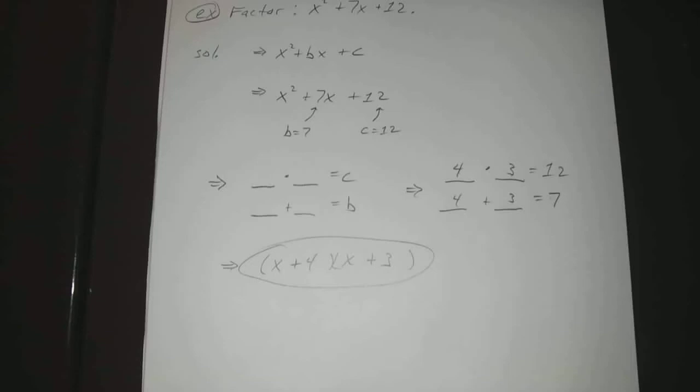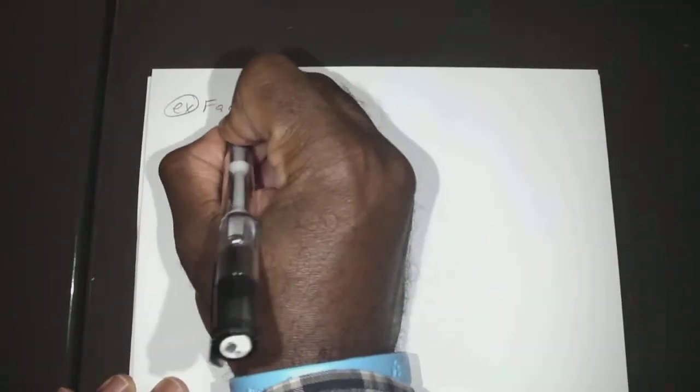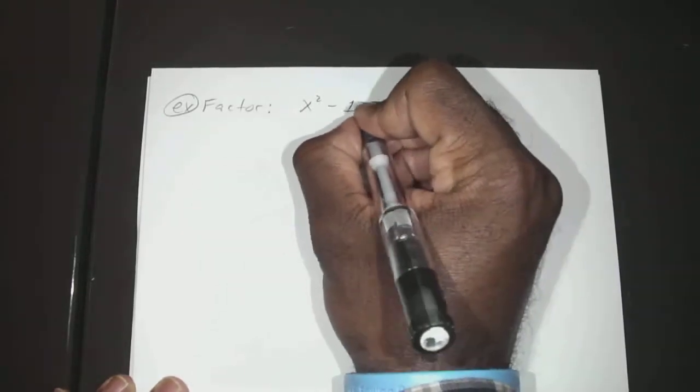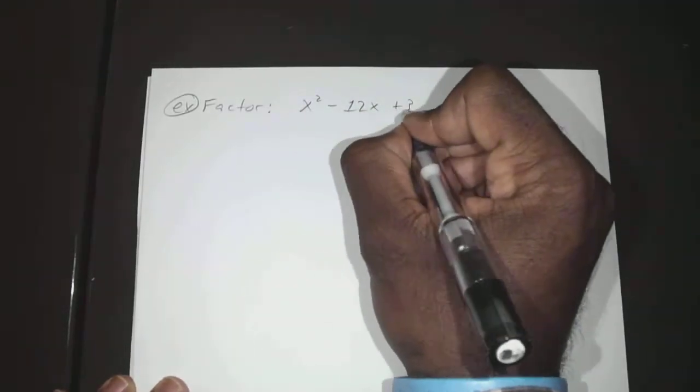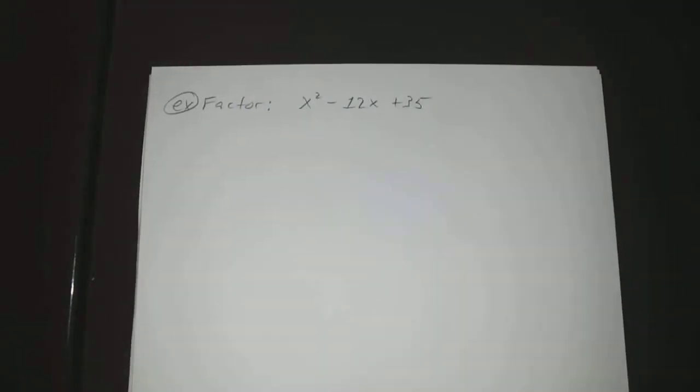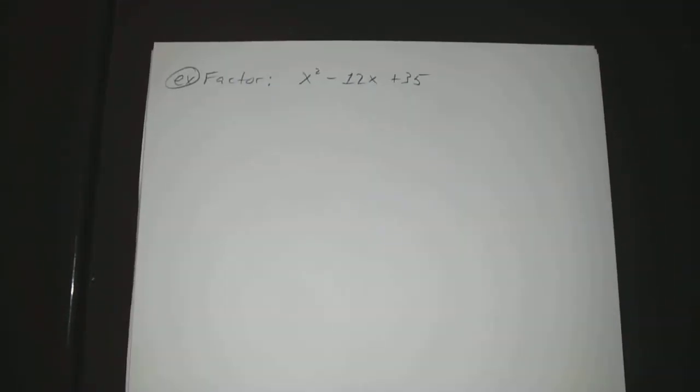All right, so let's say, for example, we want to factor x squared minus 12x plus 35. Whenever you see a negative term, you know at least one of your factors will be negative. Maybe one, maybe both, but at least one is going to be negative.